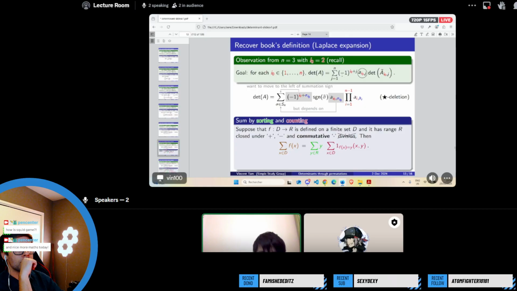For example, in the book you see this -1 to the power something, and then with the element chosen to be deleted, with the star element that is on the left of the determinant, on the left of the summation over the permutation. But here you see that, oh, here we have sigma here. That's why we will be applying a simple technique, a simple lemma.